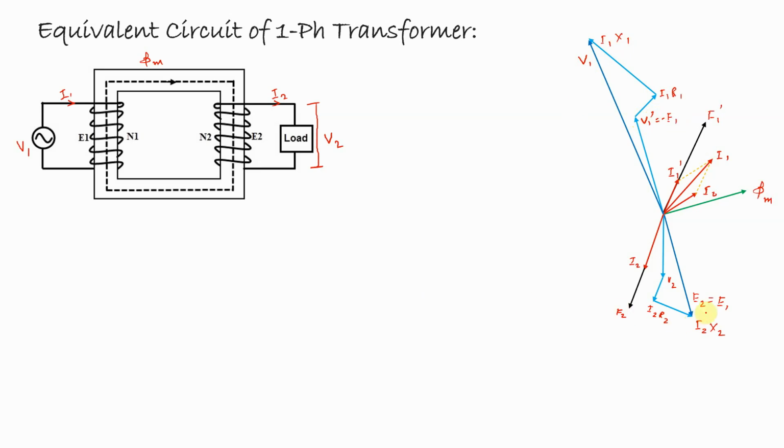So this is the phasor diagram that we have already discussed in the previous slide. Remember one thing, I0 also has two components, one is IM and another is IC. In the equivalent circuit, you have to consider these two currents also.